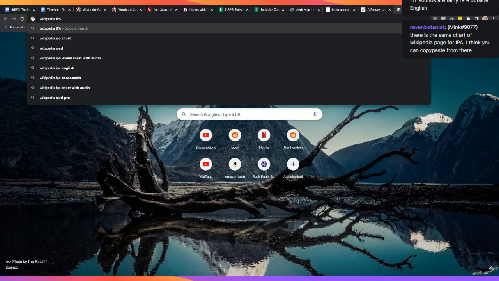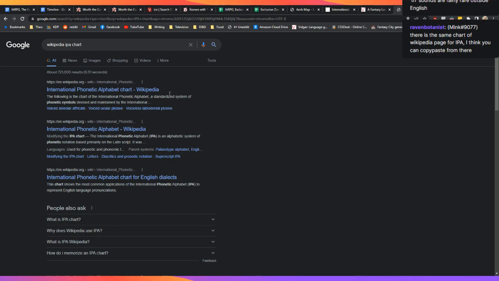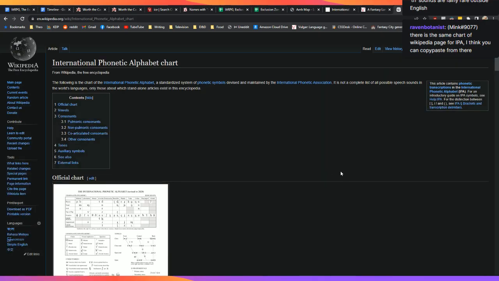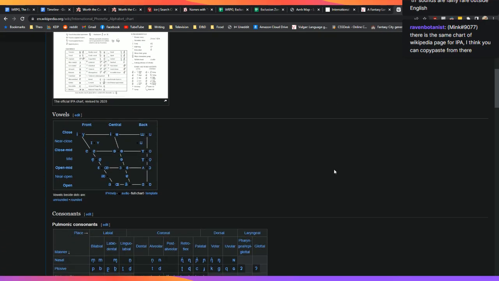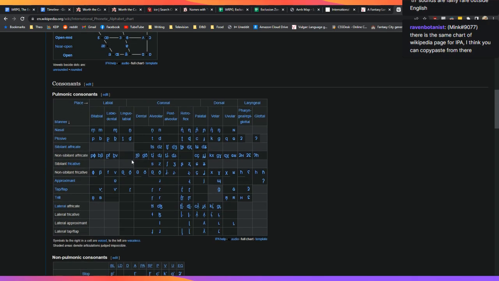Wikipedia IPA chart. Oh yeah, they have the IPA chart with audio, which is amazing. This one doesn't have audio, but there is a chart of this where you can just click each thing and hear what it sounds like.